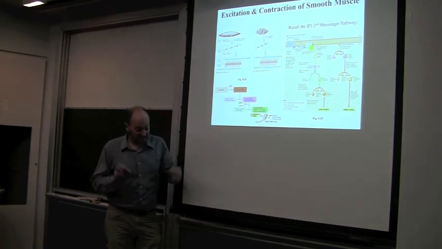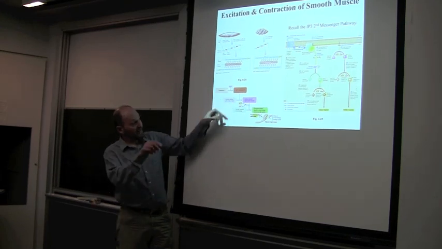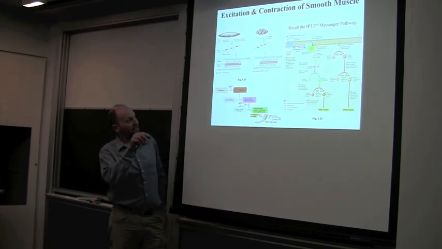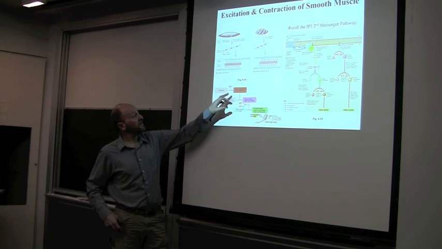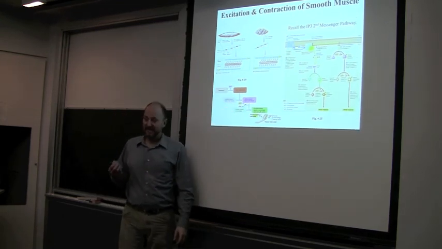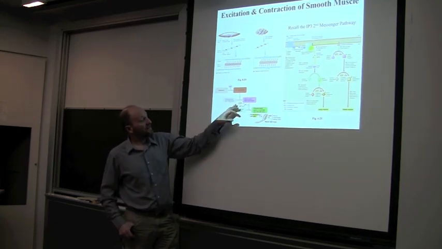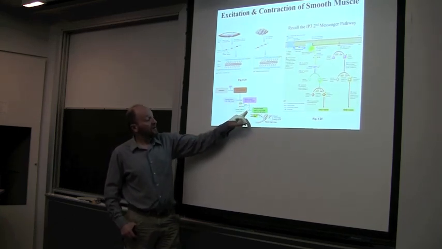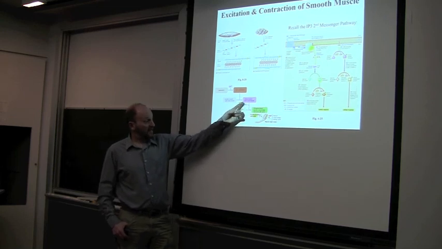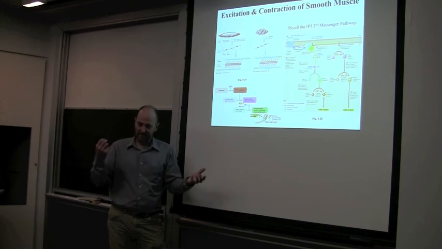In the specific example of smooth muscle, calmodulin is going to get activated by the calcium, which is the second messenger in the IP3 pathway. That's going to lead to activation of a protein called myosin light chain kinase. And myosin light chain kinase, when it gets activated by calmodulin, is going to phosphorylate the myosin heads, and that's going to allow the myosin heads then to interact with the actin.